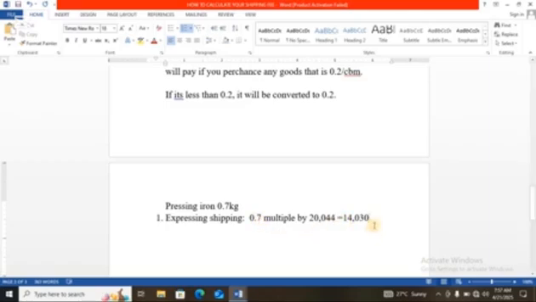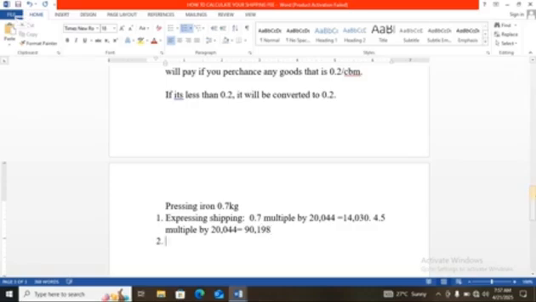So I'm going to say 4.5 multiplied by 20,044. You're going to pay 90,198. This is the amount you are going to pay for any goods that weigh 4.5 kg.